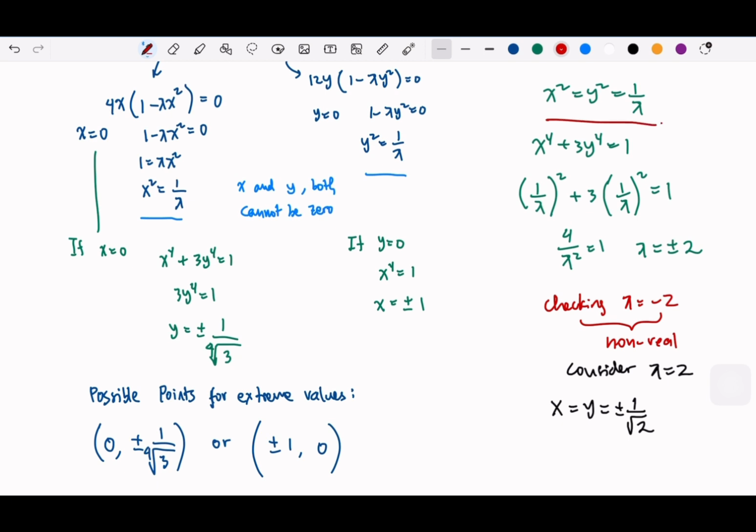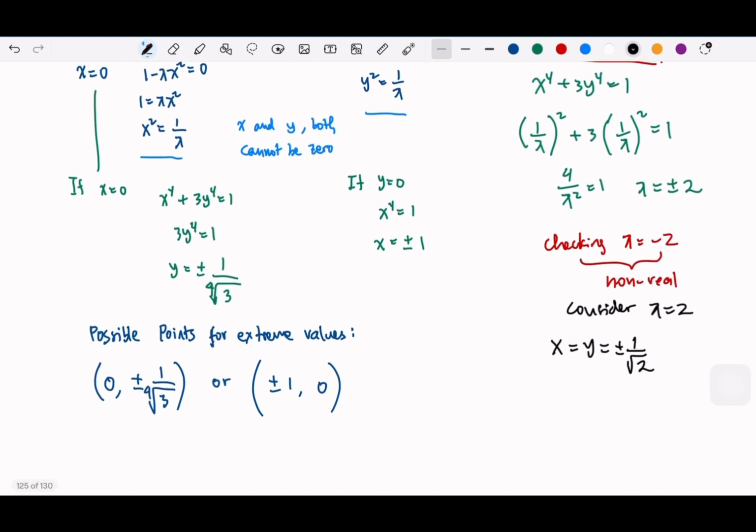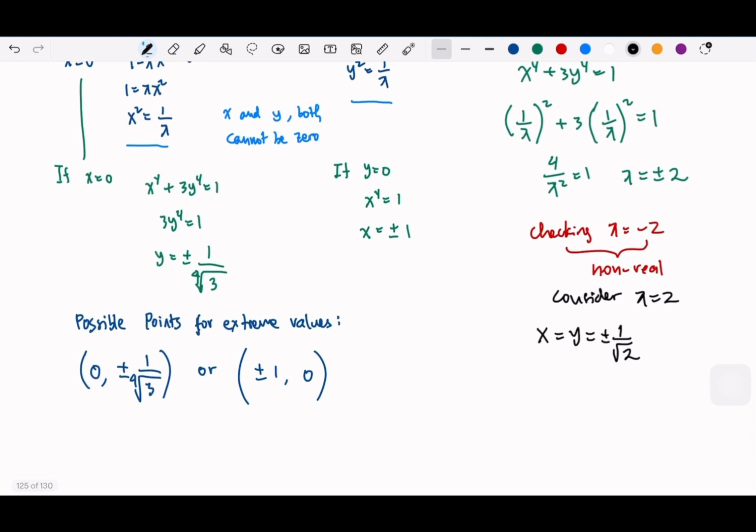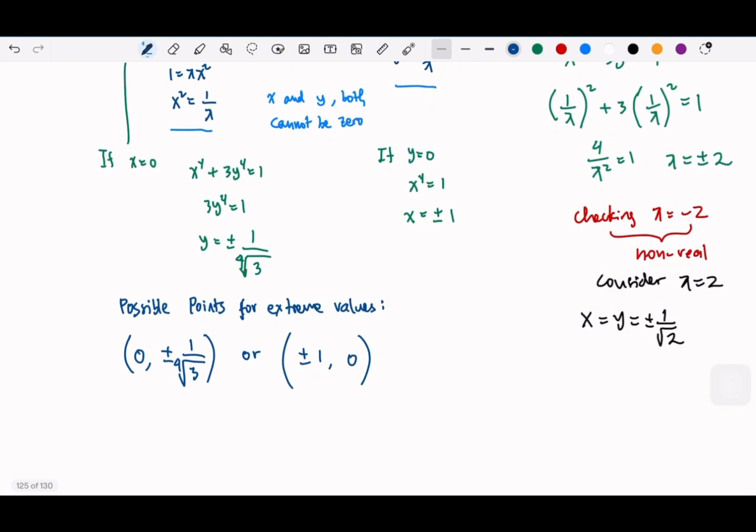Checking back through this first part, right? So we have this. Then another possibility is plus minus, so we have 8 points. 1, 2 points, 2 points, this is 4 points.